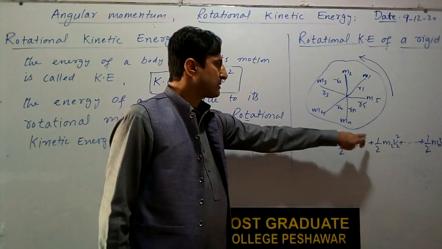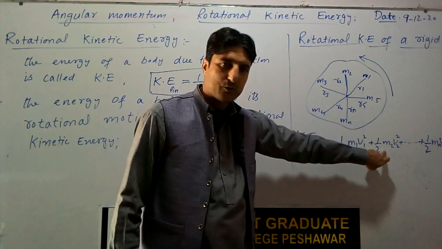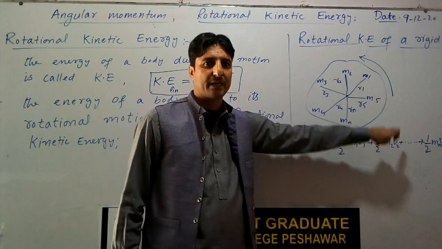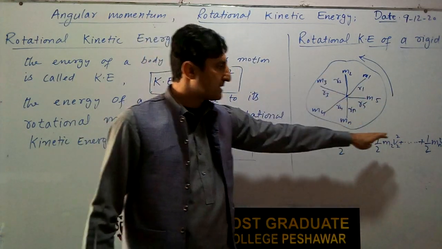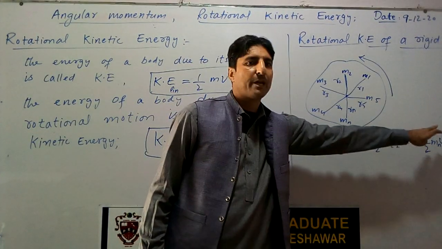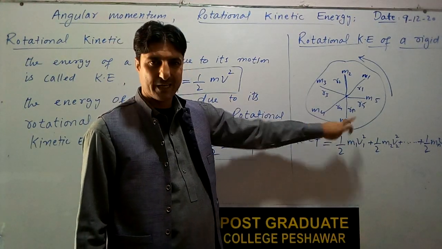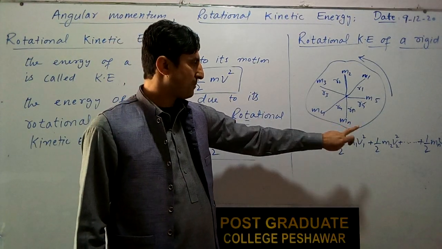Half m1 v1 square will be the kinetic energy of mass m1. Half m2 v2 square will be the kinetic energy of mass m2, and similarly 1 divided by 2 mn vn square will be the kinetic energy of this point mn.